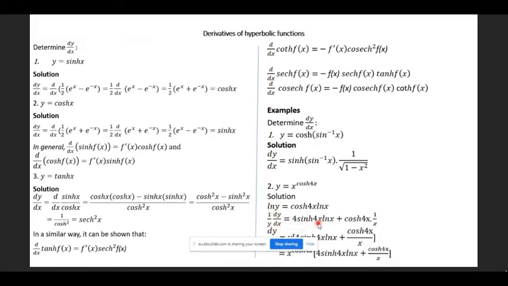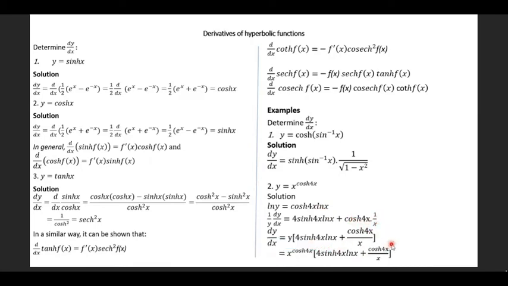On the right, you are going to use the product rule. The derivative of cosh of 4x will be 4 sinh of 4x. So it will be the derivative of the first times the second, which is ln of x, plus the first, you write it as it is, multiplied by the derivative of the second.